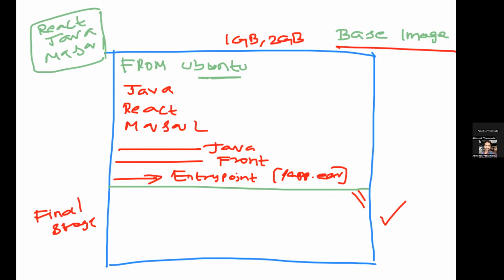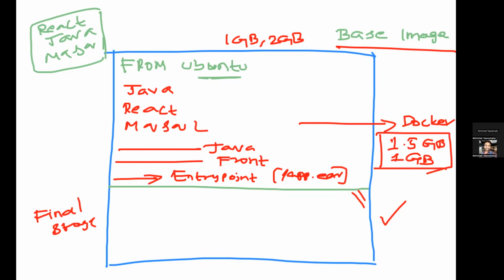The problem here would be that this Docker image will go crazy. It can even go up to 1 GB or 1.5 GB in size. Why did it go to 1 GB? Because you haven't used the concept of multi-stage Docker build. The first thing, when you download the base image, that is Ubuntu, probably it can be 400 MB.